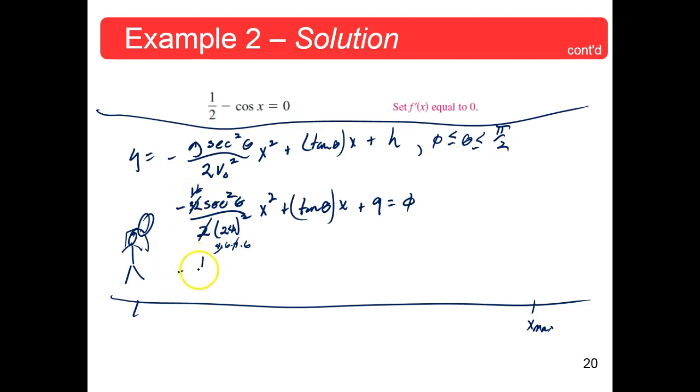So it's minus 1 over 36. Is that right? I think I did it right, but I may have messed up. 24 squared is 576. So 32 divided by twice whatever you just said.